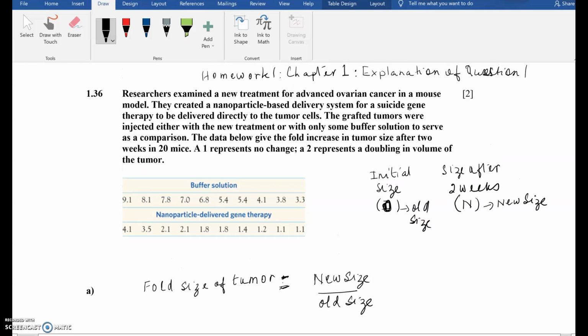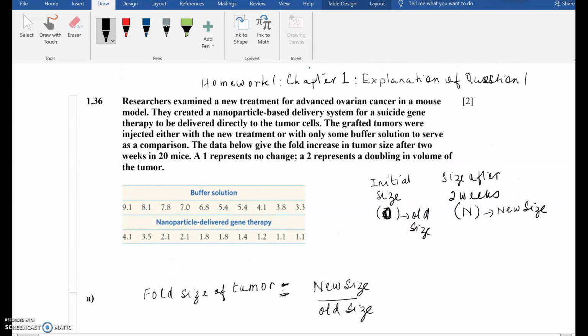So in this question, which is the first question in your homework on Canvas, read the question first. It says researchers are testing this therapy on mice, and it's a treatment for advanced ovarian cancer.